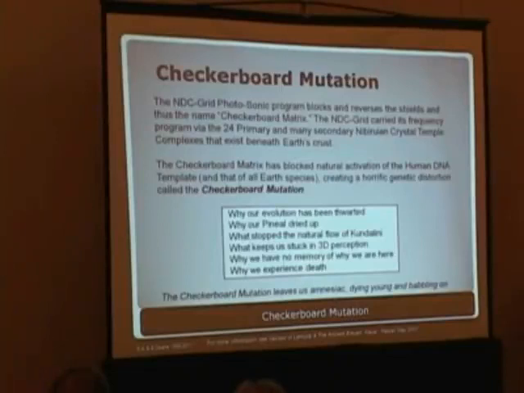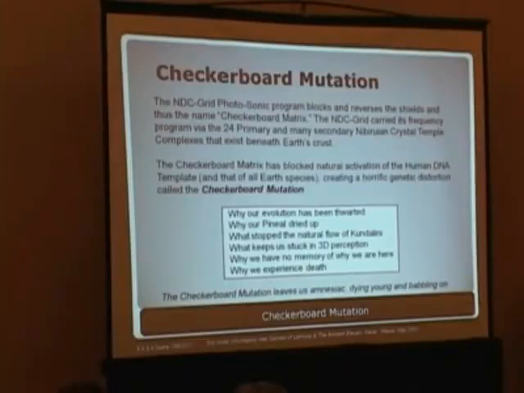The Nibirian Dyadic crystal grid carried its frequency program via the 24 primary. So we just saw the 24 primary crystal temple bases, and many secondary Nibirian crystal temple complexes that exist beneath Earth's crust. Now, I heard somewhere along the line there was like 400,000 other ones in the Earth's crust.